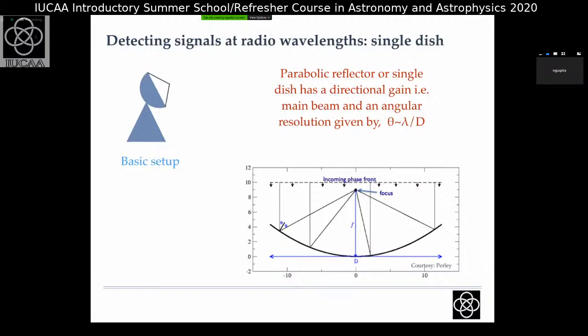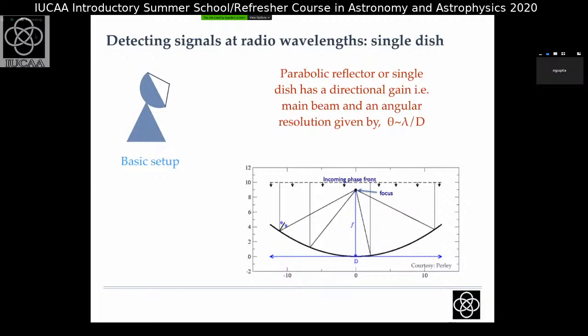This reflector simply acts as a large collecting surface, shaped such that it converts the plane wavefront incident on the reflector into a spherical wavefront, which then gets collected at the focus here. That is where I can place my dipole or horn feed or any detector that I would like to have. So the incoming wavefront is incident on the parabolic dish, is collected at the focus, and then detected by means of this dipole here.